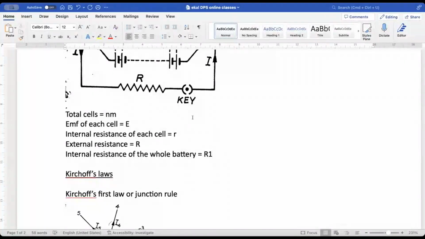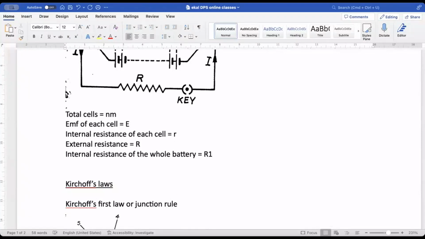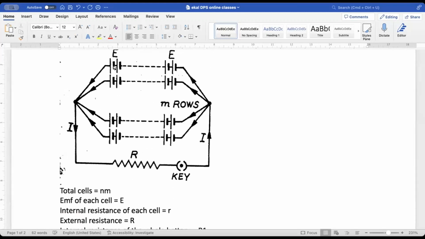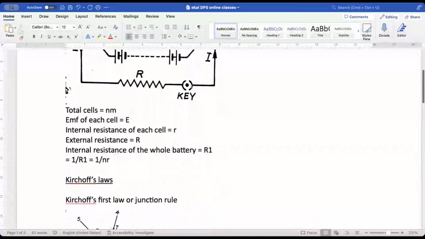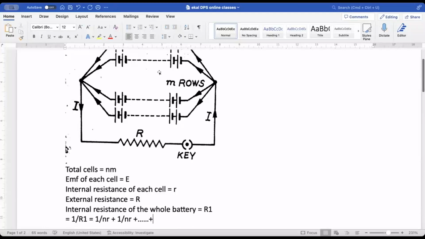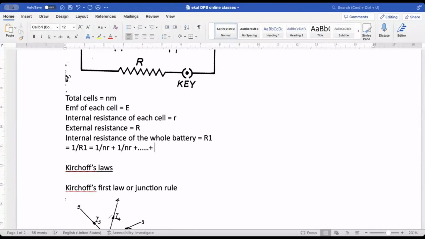So if we are to find the total internal resistance, we can calculate it by parallel, that is 1 by R1 equals 1 by nr for the first series, then we have the second series, plus 1 by nr, and so on up to m terms, because there are m number of rows.